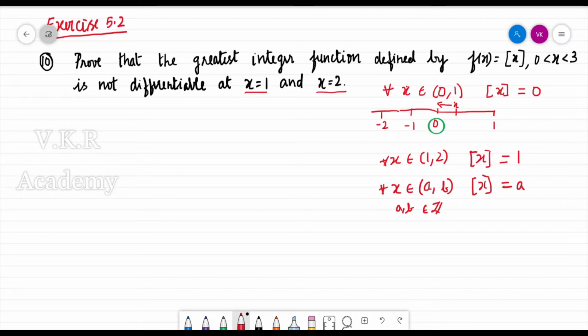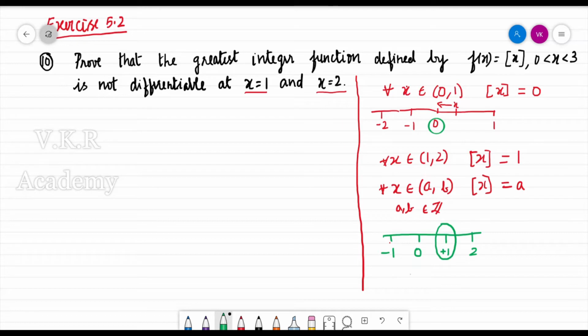What about the value of greatest integer function of x for integer values of x? Suppose we have x is equal to 1. So at x is equal to 1, greatest integer function of x, that is equal to greatest integer function of 1, it will be 1, because by definition it is the greatest integer less than or equal to x.